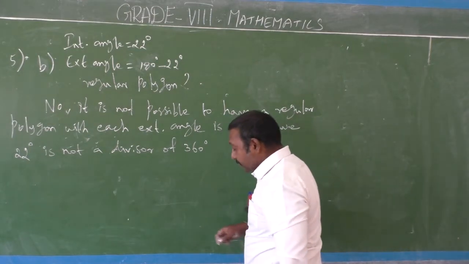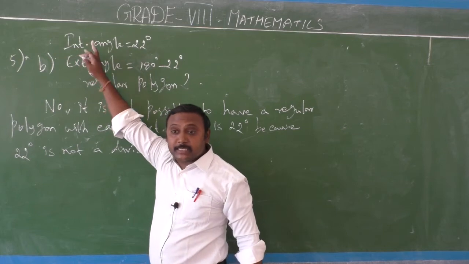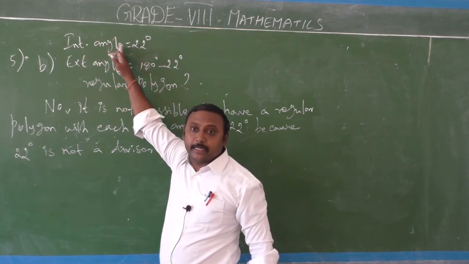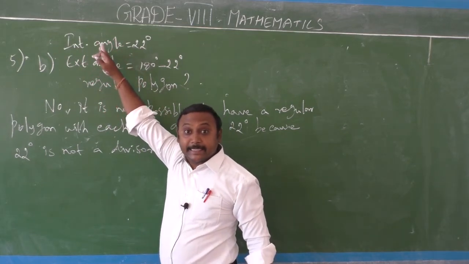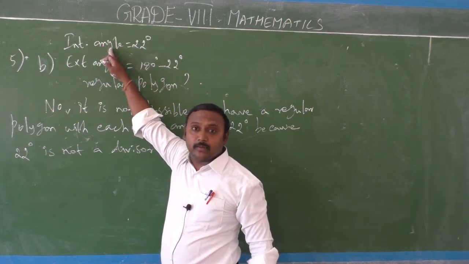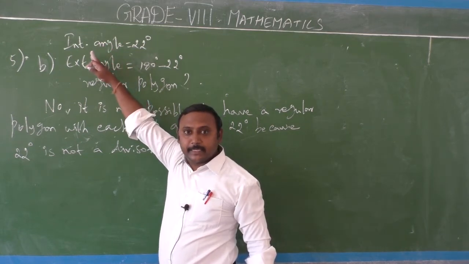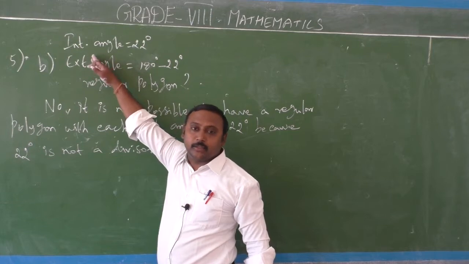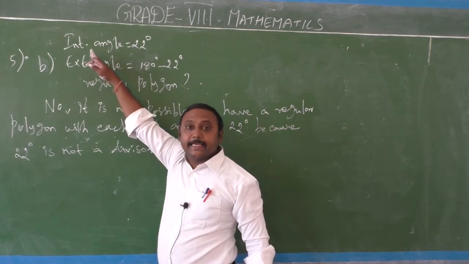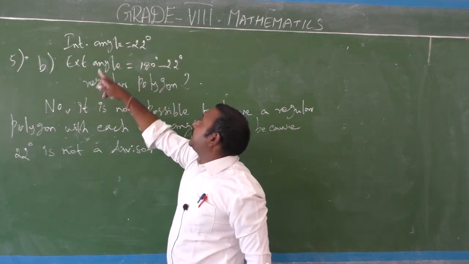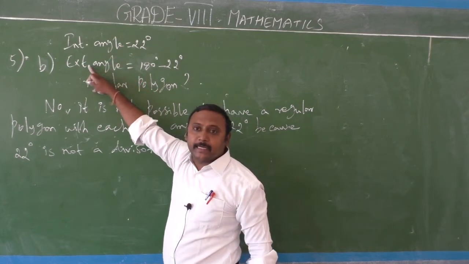Listen here. Fifth A sum has an exterior angle of 22 degrees, but fifth B sum has an interior angle of 22 degrees. Feel the difference. So by using this, we should find the exterior angle.